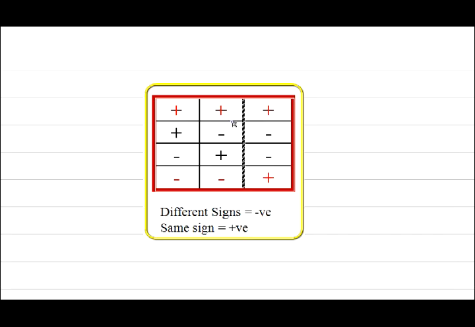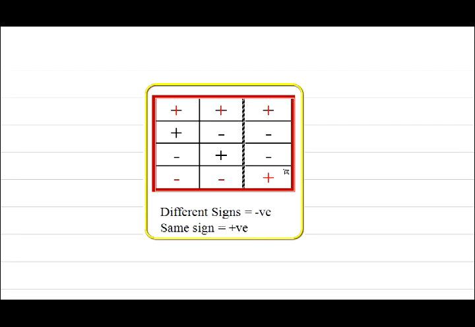Plus times plus is equal to plus, plus times minus is equal to minus, minus times plus is equal to minus, minus times minus is equal to plus. So we have different signs negative, same sign positive.